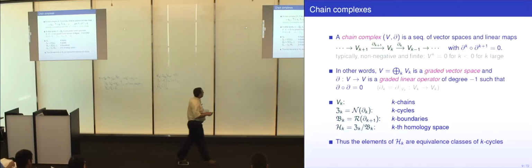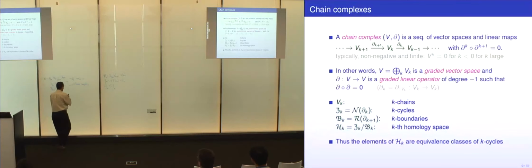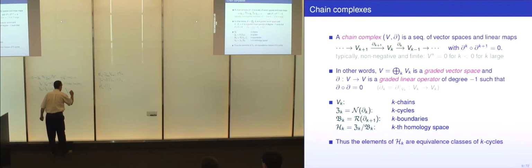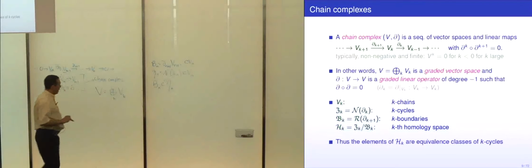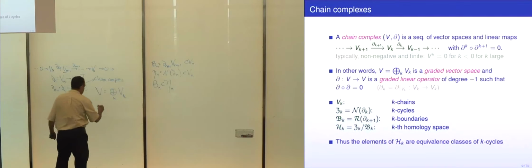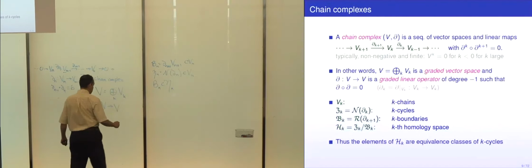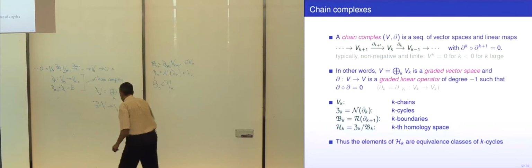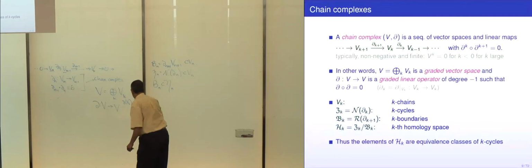There's another way to think about it, which is quite useful. Instead of thinking about it as a sequence of vector spaces, you could add them all up, just take the direct sum. And so you could define one big space V as the sum over all k of V_k. And then we have a map d that maps V_k to V_{k-1}, so we put them all together and we get a map from V to V, which has the property that d of V_k is contained in V_{k-1}.